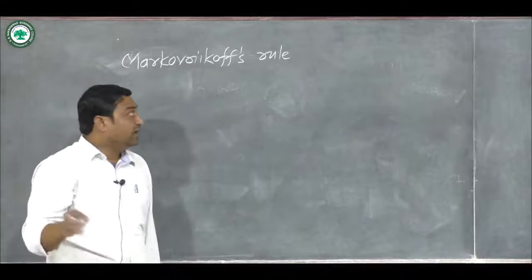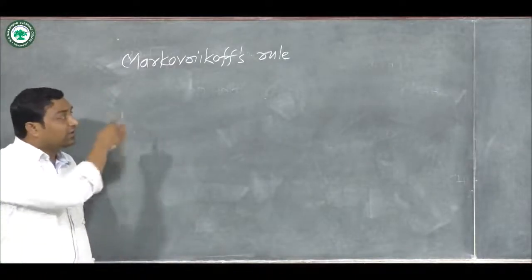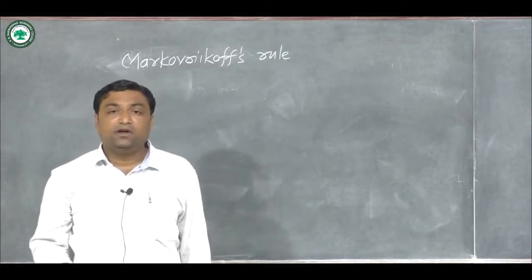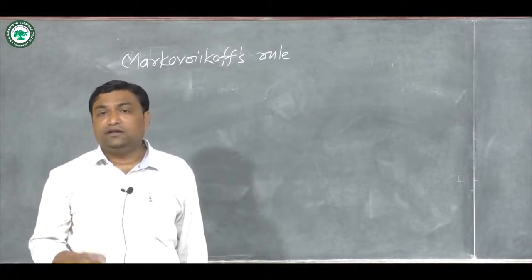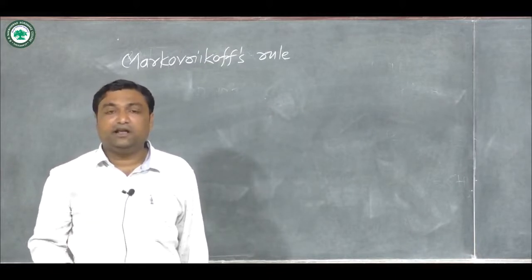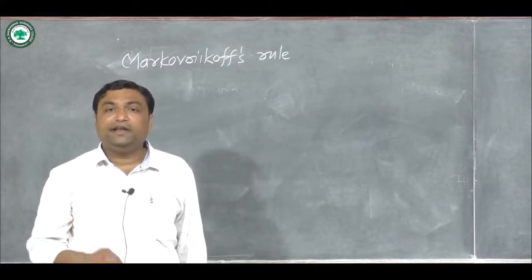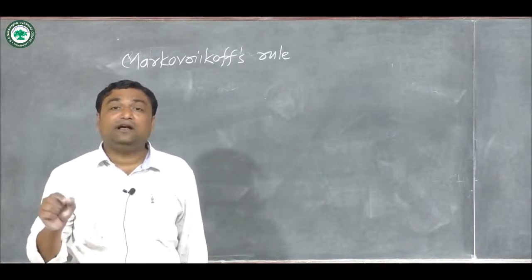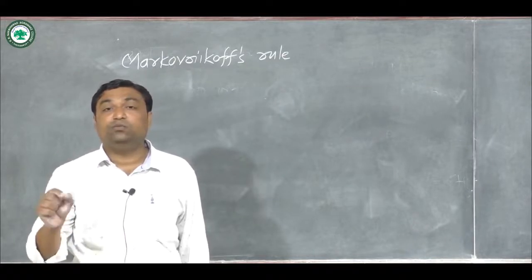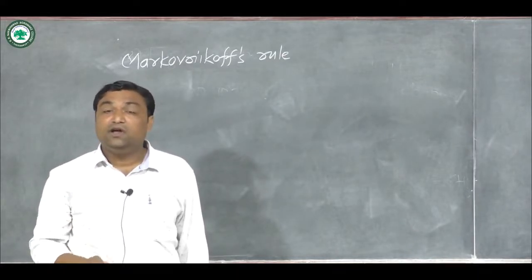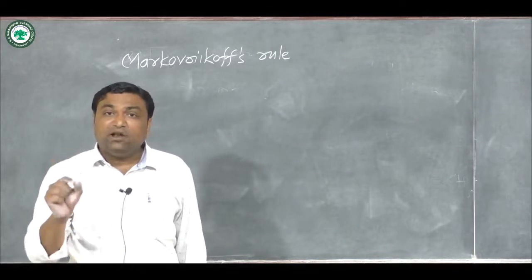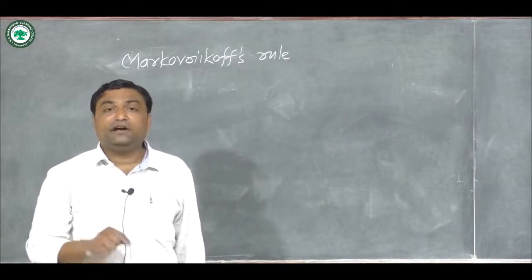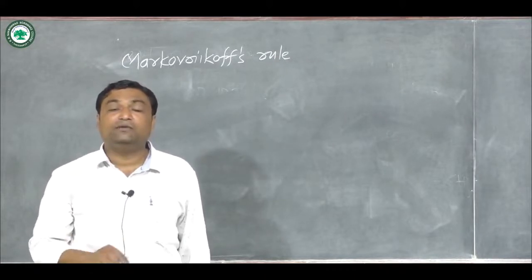Markovnikov's rule states that when an unsymmetrical alkene is treated with an unsymmetrical reagent, the negative part of that unsymmetrical reagent goes to that olefinic carbon atom which contains less number of hydrogen atoms.